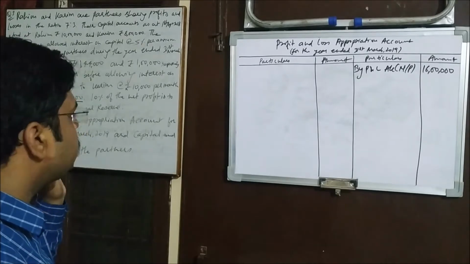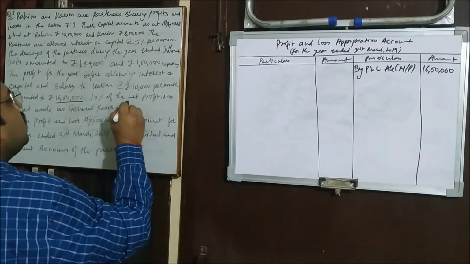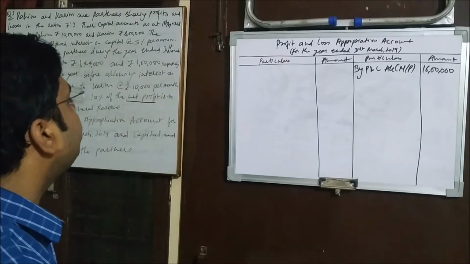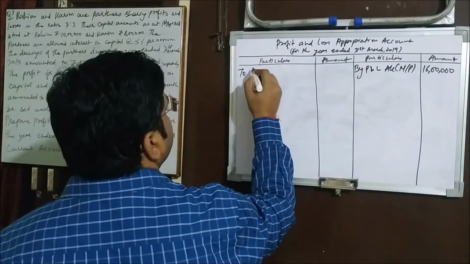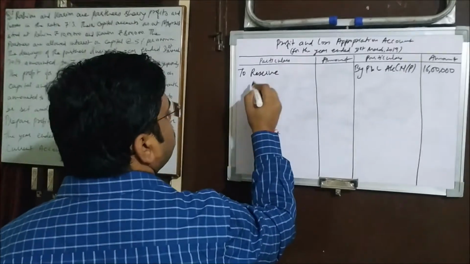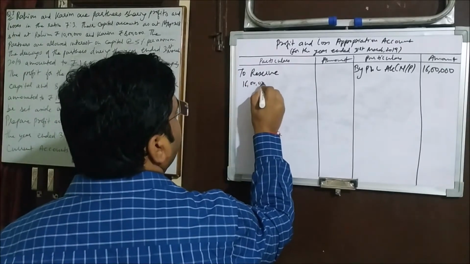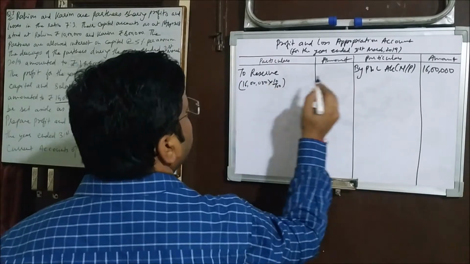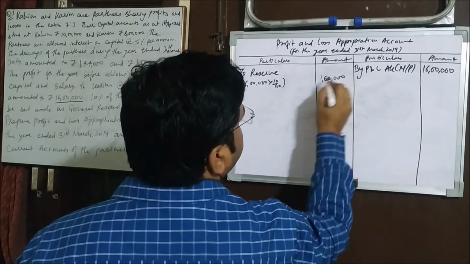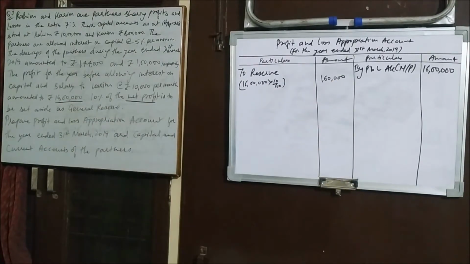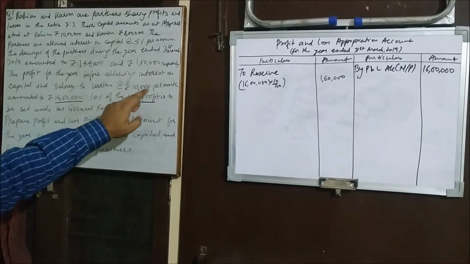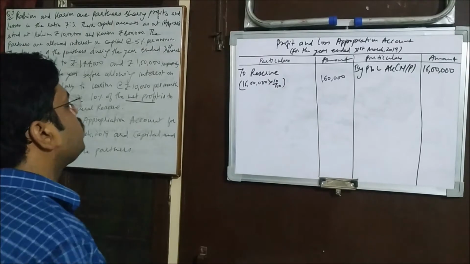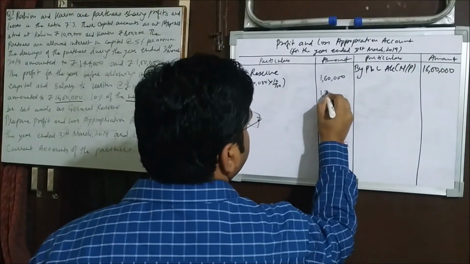So that condition was different, but here it has clearly specified that 10% of the net profit. And what is the net profit? 16 lakh. So we'll transfer to the reserve 10% of 16 lakh. How much does it come out? 1,60,000. Now let's talk about salary. Salary is being given to Kareem at the rate of 10,000 per month. So if you multiply with 12, it comes out 1,20,000, right?